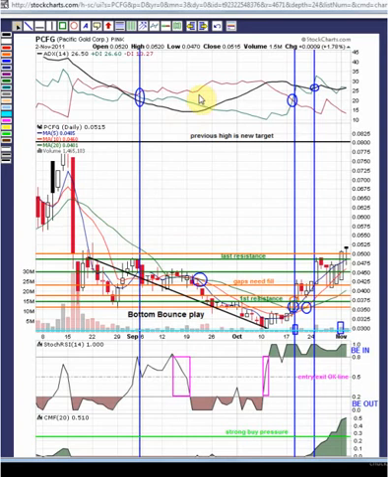You want to be out when it's trending down, and you want to be in when it's trending up. Down here, if you look at your 5, 10, and 20, if they're lined up in order with the 5 on top, the 10 below that, and the 20 below that, then you should be in the stock. If they're lined up opposite, with the 20 on top, then the 10, then the 5, then you should be out of the stock. So that's fairly obvious.